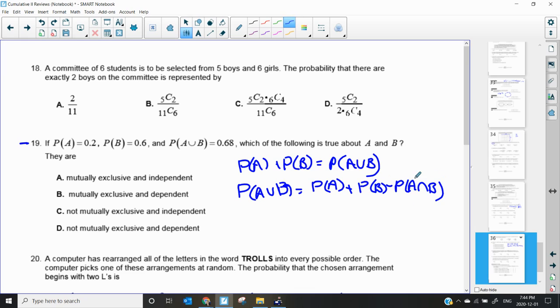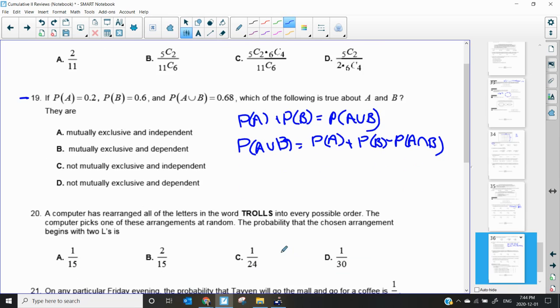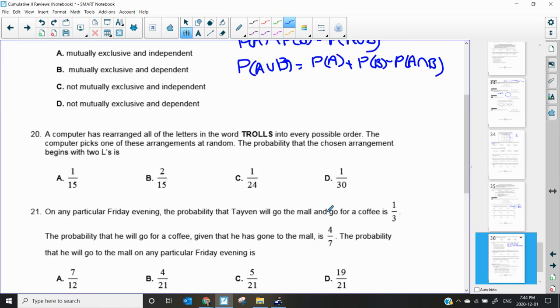Now, if that overlap has any value other than 0, then we definitely know that it's not mutually exclusive, but then we would have to take our values for A and B and multiply them out to see if it's independent or dependent. Again, anytime we're working with words, make sure you check for your restrictions and check for any repeats.